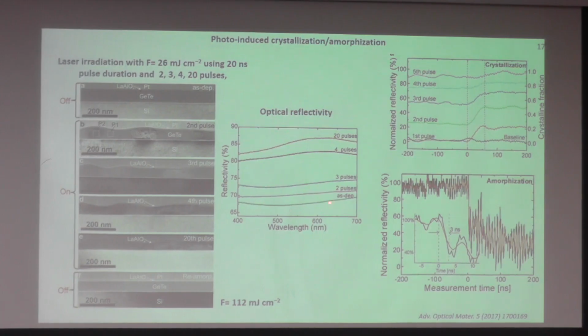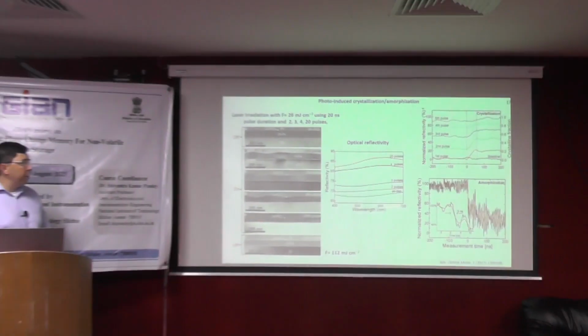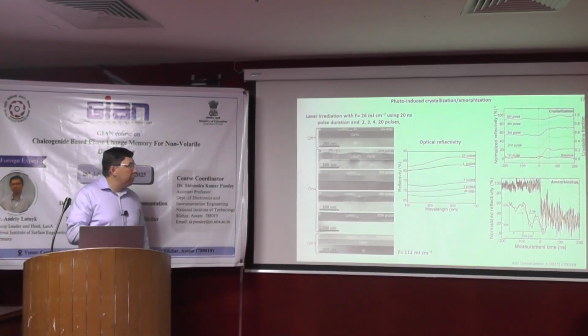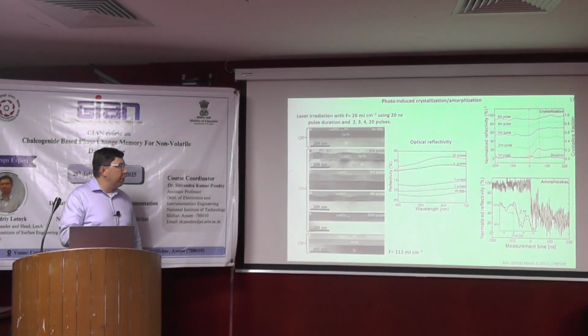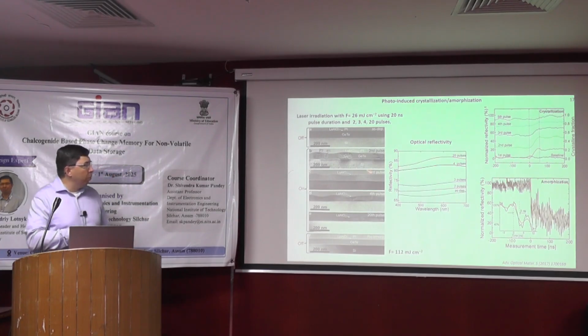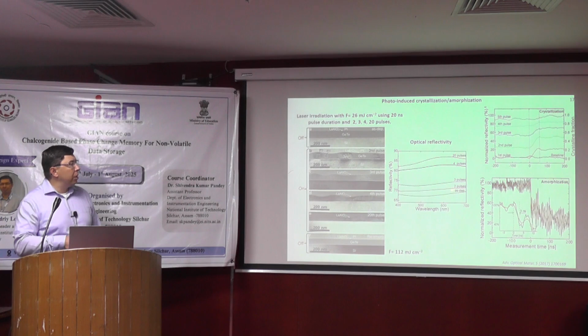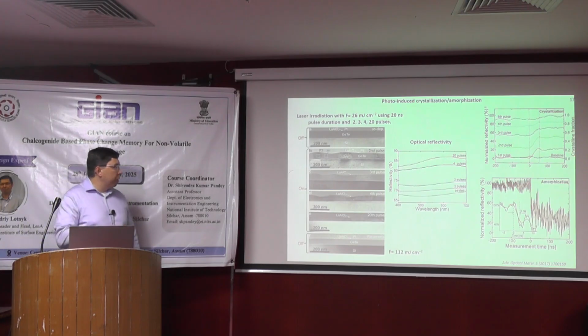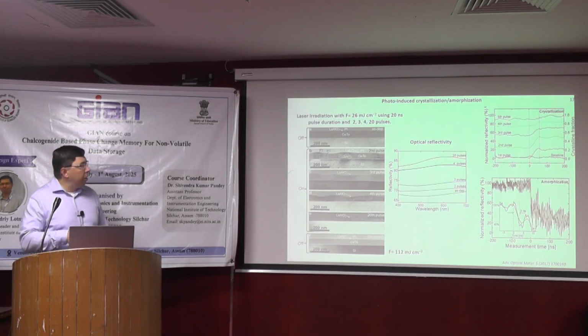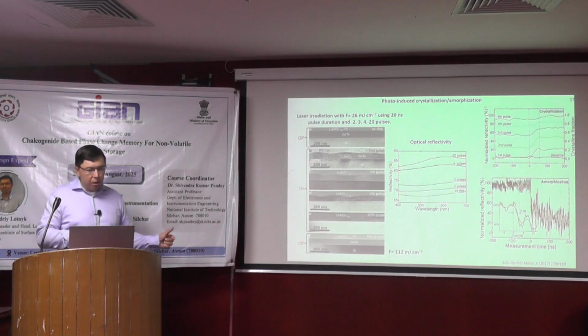This is the amorphous state, this is optical reflectivity in dependence on the wavelength, and we can see that the optical reflectivity is changing depending on the volume of the crystalline phase. Like after 2 pulses, it's higher, approaching around 100%. And then this is a reversible process.